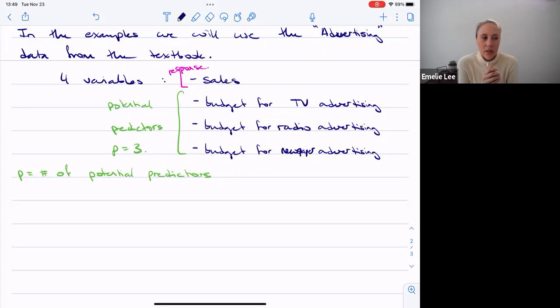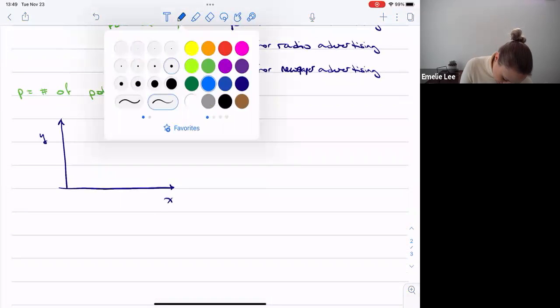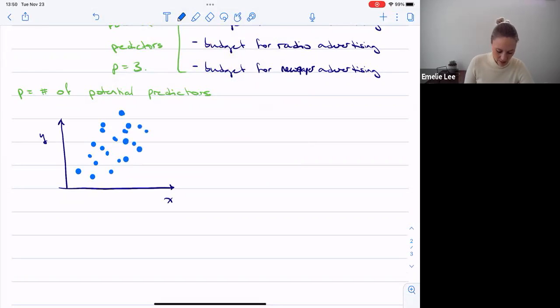Okay, so what we do is if we have some sort of relationship between X and Y, maybe I have data points and I'll make them a little bit bigger so that they show up here. Right? Maybe we have this kind of relationship and we want to model this relationship.